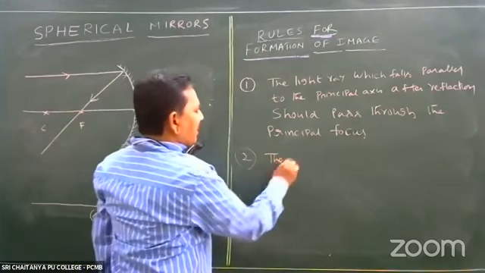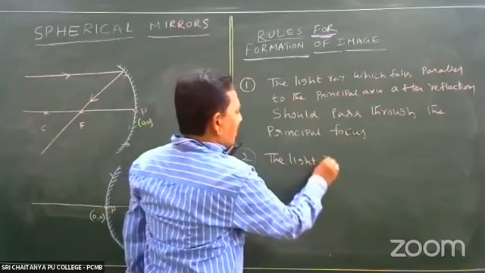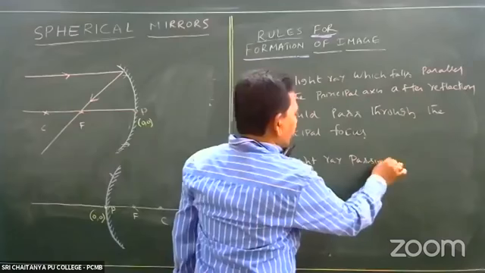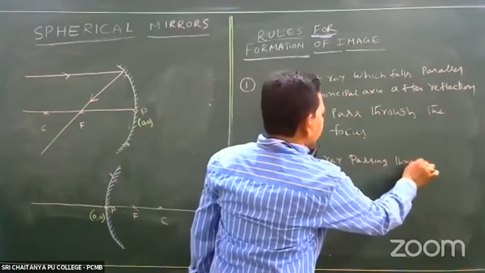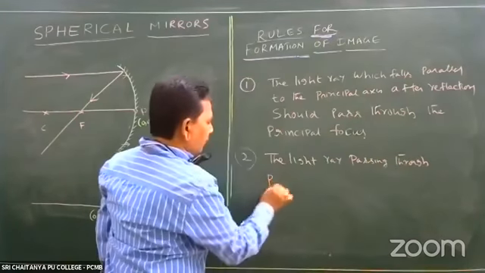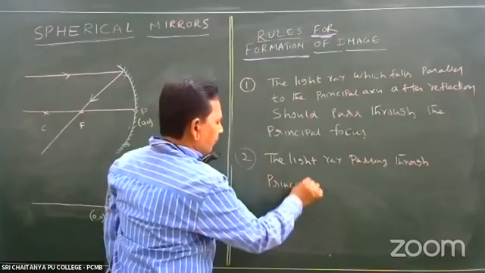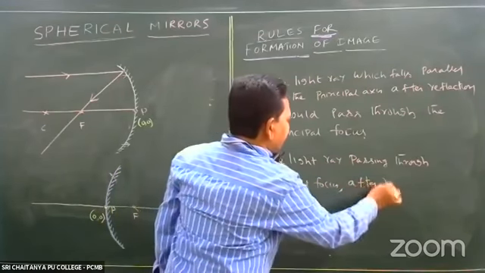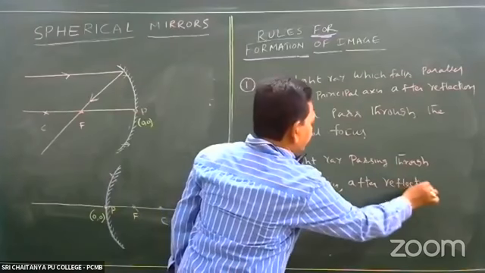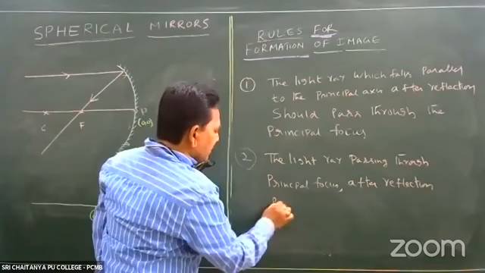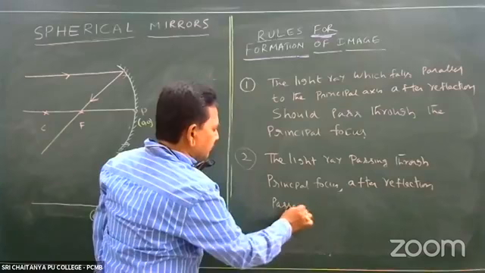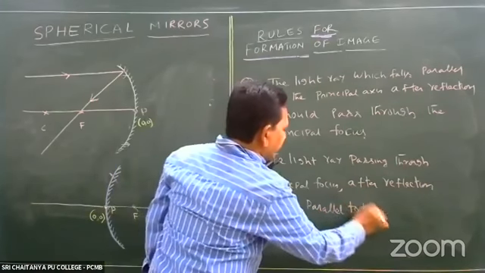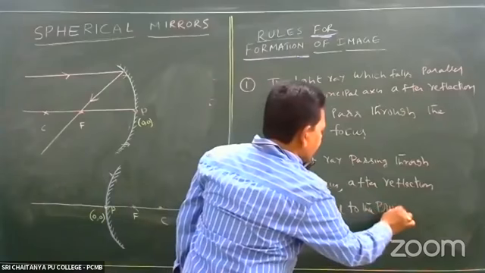The light ray passing through the principal focus, after reflection, passes parallel to the principal axis.